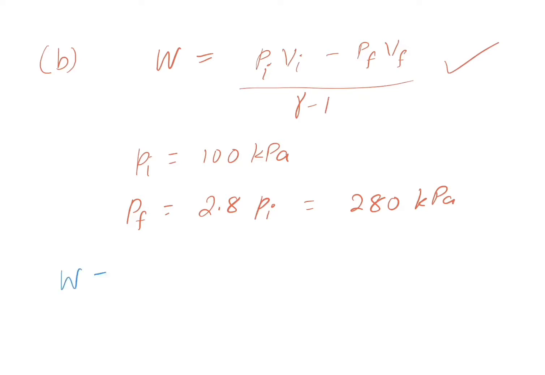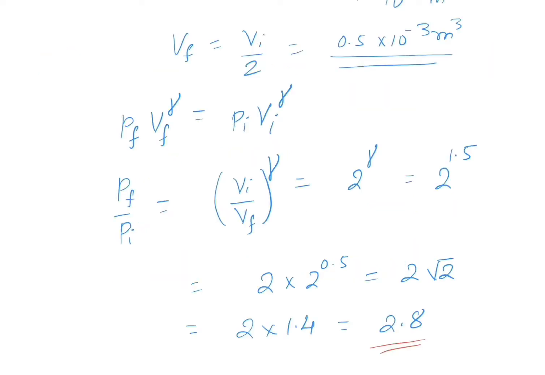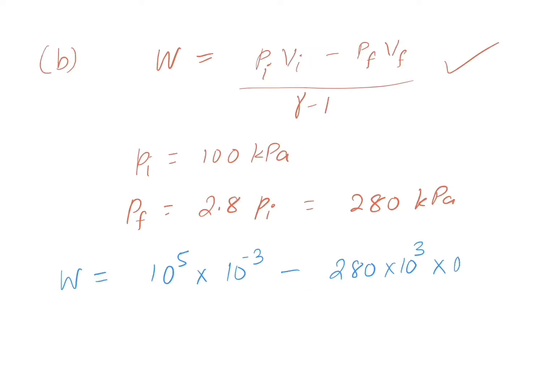So work done will be, we write the pressure in SI unit. So initial pressure is 100 kilopascal or 10 power 5 pascal into initial volume is 1 liter or 10 power minus 3 meter cube minus final pressure is 280 into 10 power 3 pascal into final volume is 0.5 into 10 power minus 3 meter cube divided by gamma.